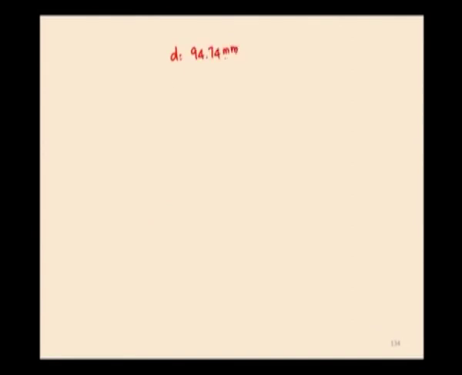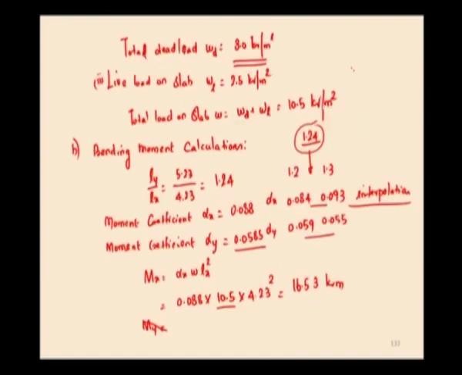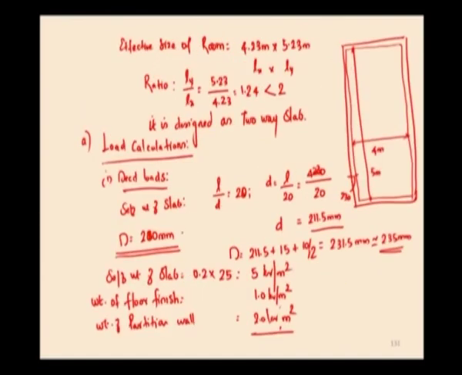So, the depth of the slab is 94.74 millimeter, and the overall depth of the slab is 94.74 plus 15 clear cover plus the diameter of the rod by 2, that is 20... 111, that is 114.74 millimeter, which is less than the assumed value, that is D is equal to 200 minus 15 minus 10 by 2, that is equal to 180 millimeter.